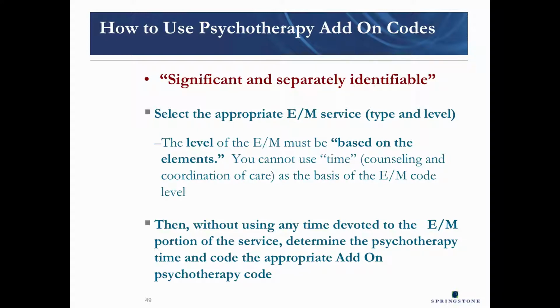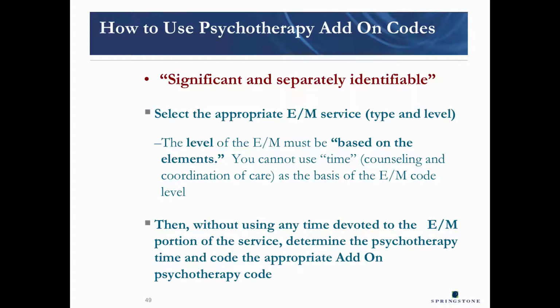Then, without using any time devoted to the E&M portion, you determine the psychotherapy time and code the appropriate add-on code. So what that means is we all know that when we do psychotherapy as well as E&M in a given session, you're not starting and stopping a clock for, oh, right then I was doing E&M, oh, right then I switched to psychotherapy. It's an integrated service.